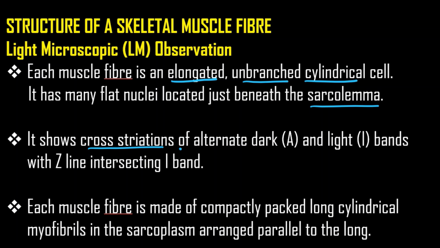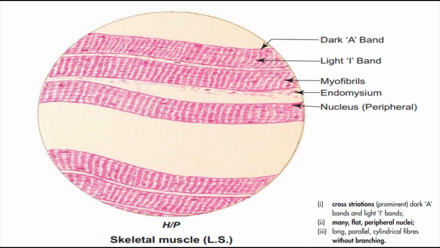Each muscle fiber is made of compactly packed long cylindrical myofibrils in the sarcoplasm arranged parallel to the long axis. Okay, so this is a skeletal muscle here. You can see that these fibers are elongated and they are unbranched.